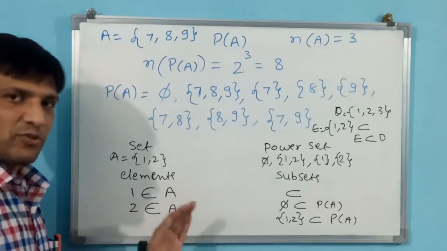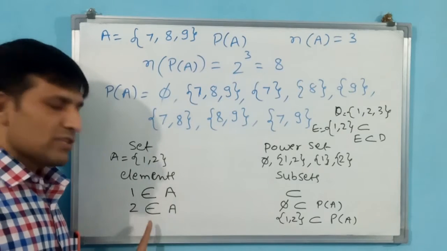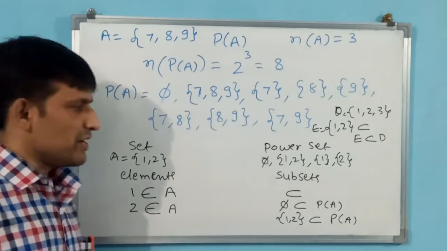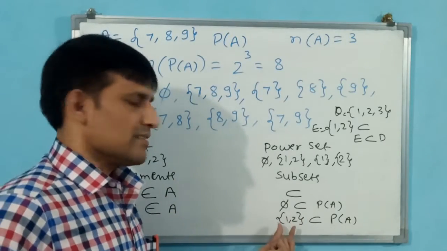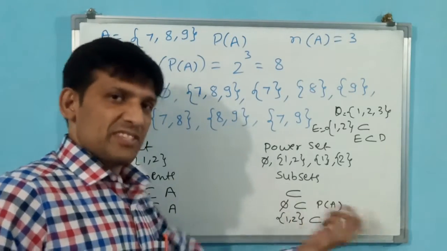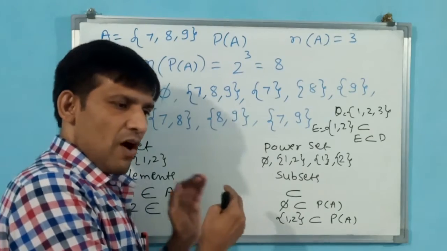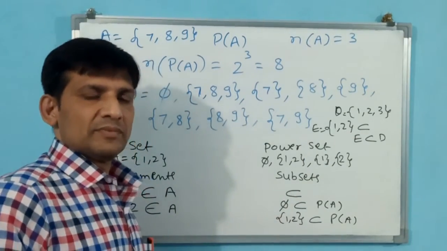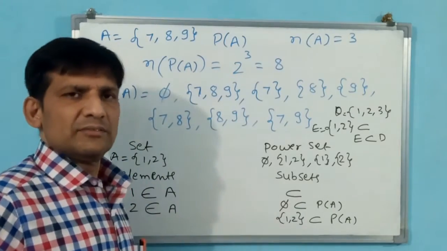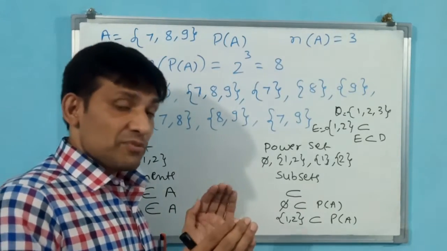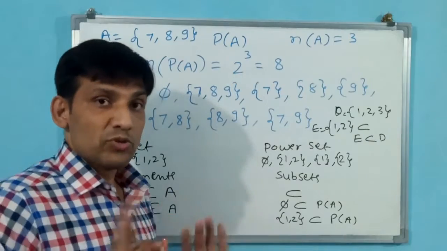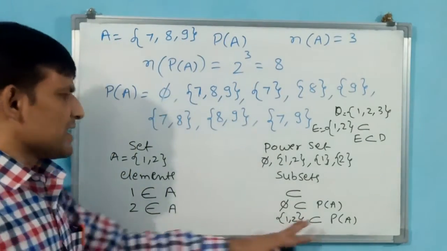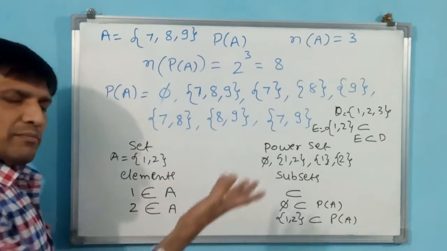This difference you have to know. When it comes to belongs to, it is between element and set. When it comes to subset, it is between sets. Naturally, one will be subset, another will be superset, or else equal set. Subset symbol will come between sets only, not between elements. Always it will be like this only.